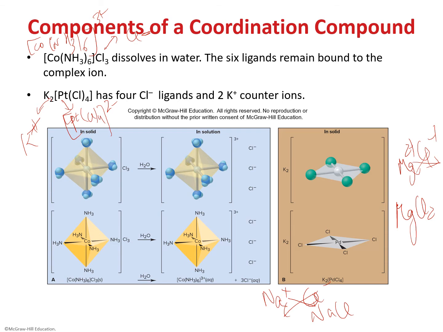The whole charge of the compound is 0. It's a neutral compound, right? There's no charge. Charges are usually written as a superscript on the right side. There's no charge, which means potassium is the ion. And remember, potassium belongs to group 1A. It always has a +1 charge. So there are two of those. So 2 times +1 plus the total charge of the complex, which consists of this platinum chloride, which we are interested in figuring out.